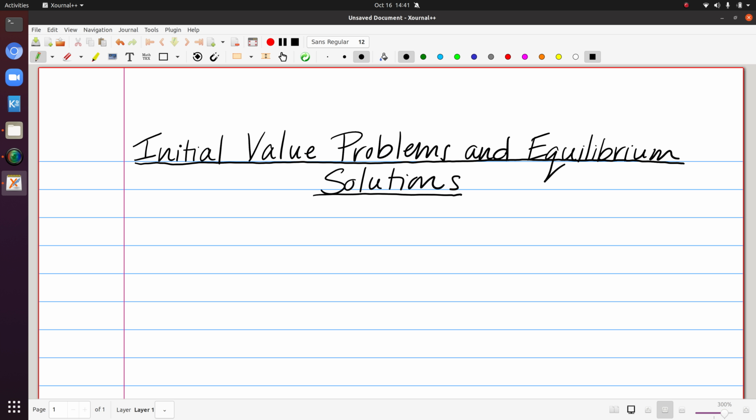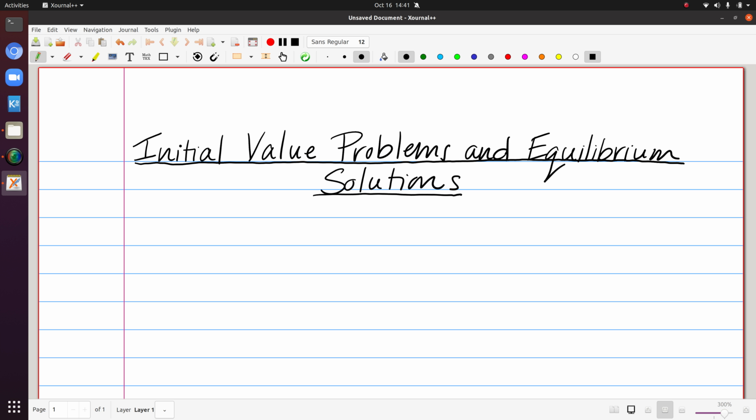But if we're given extra information in the form of a point that the solution function must pass through, then that's enough for us to narrow that family of functions down to a single function. So this idea of giving us a point that the function must satisfy is called an initial condition.